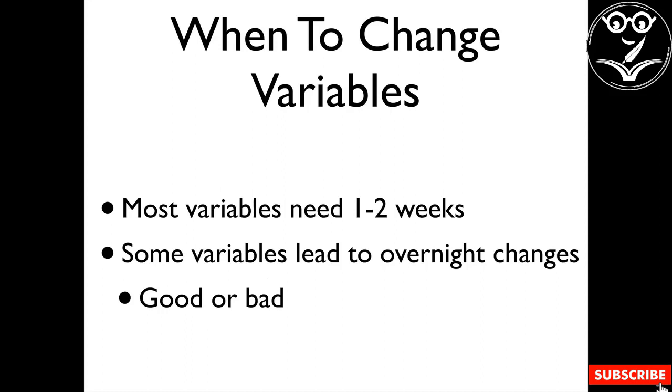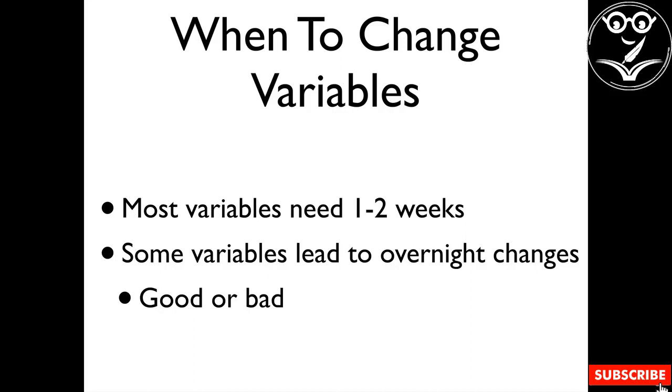And the main question is, once you're testing all these variables, when exactly do you change? Well, most variables only need 1 to 2 weeks before you can come up with a final consensus of whether it's helping you or it's hurting you. But some of them will lead to overnight change, whether that overnight change is good or bad, and you will notice those too.